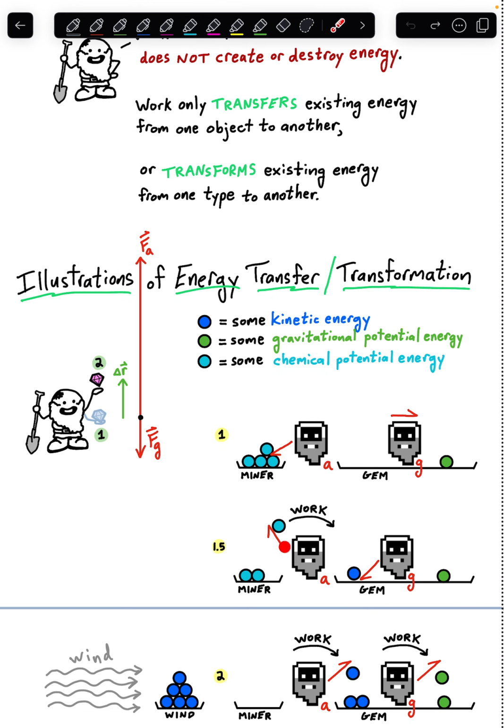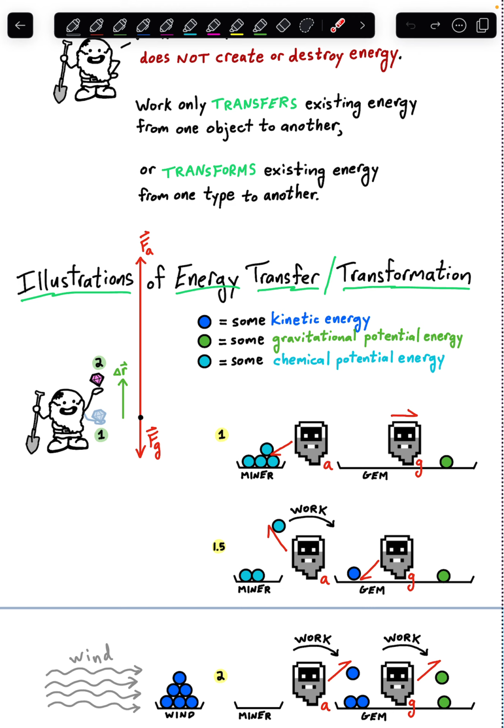So with the miner's little shovel here, he's shoveling these cyan orbs from the miner over to the gem, adding them as blue kinetic energy orbs to the gem. That's the positive work being done, adding kinetic energy by the applied force during this time.